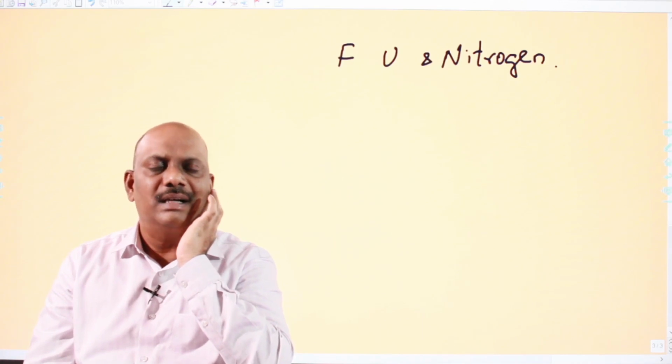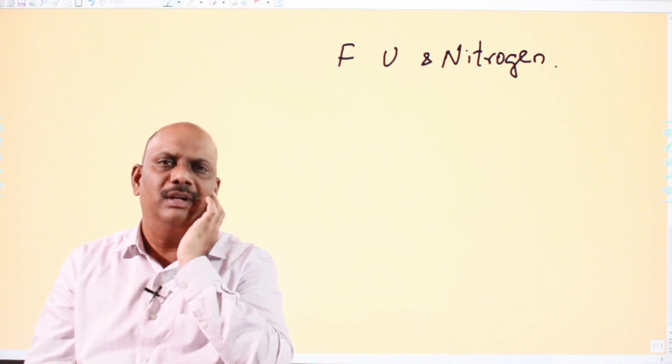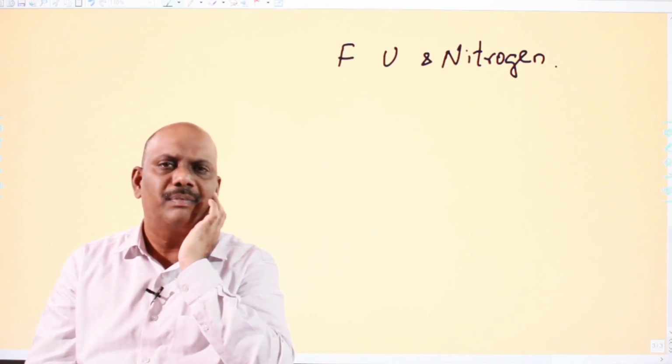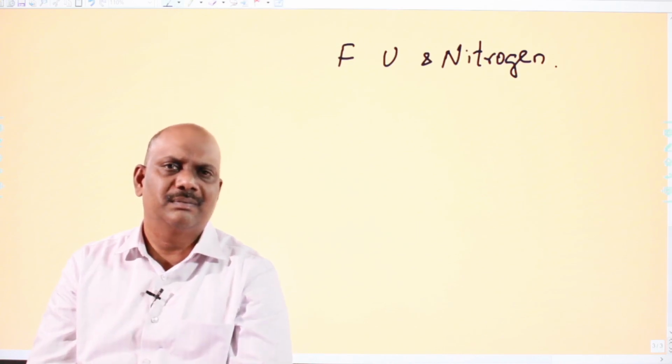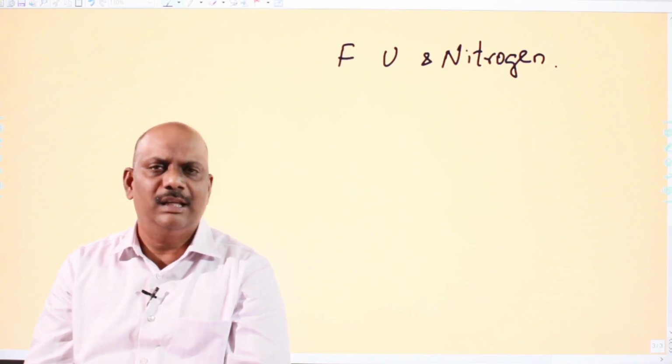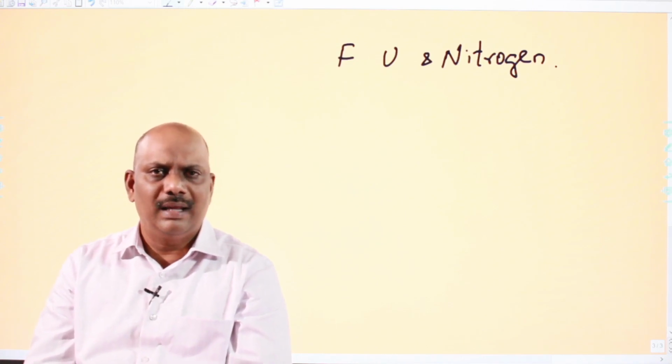The more fluorine and uranium in the environment, the more will be deposited or absorbed in the given fossil. So we generally use the FUN trio to date two fossils which lie close to each other.